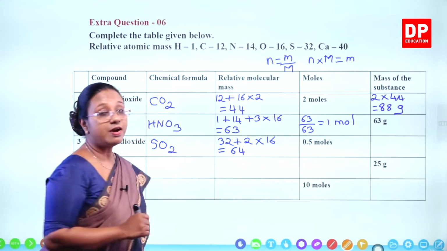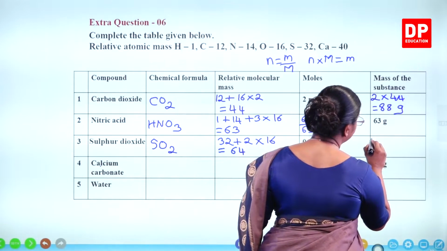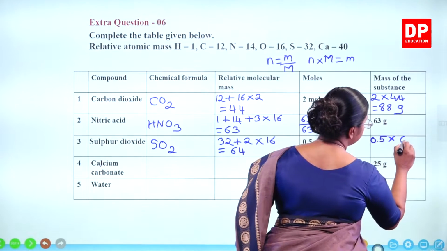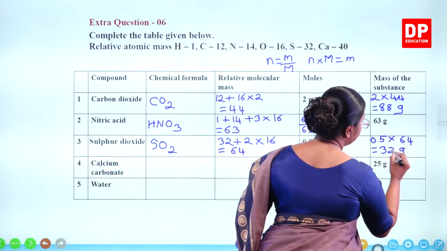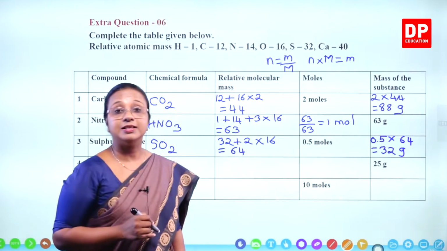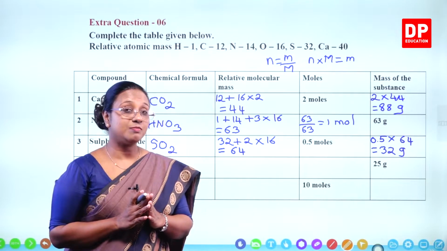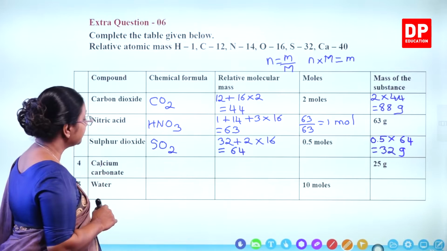There are 0.5 moles of sulfur dioxide. So how do we calculate the mass? 0.5, the number of moles, into 64. Then it is 32 grams. Here you have to write the units. I am sure now you can understand what I am doing here. Right? Okay. Then calcium carbonate.